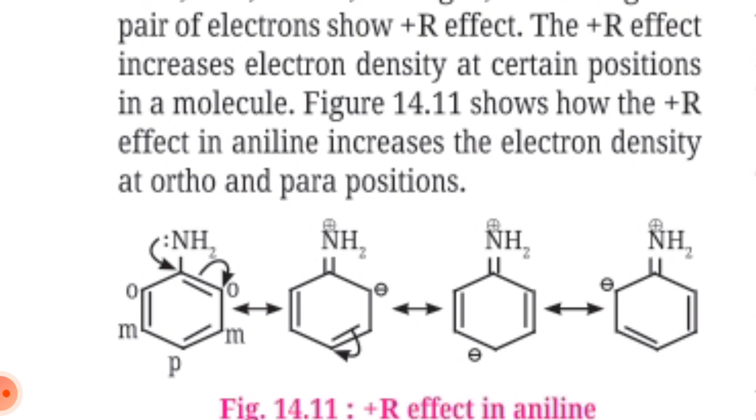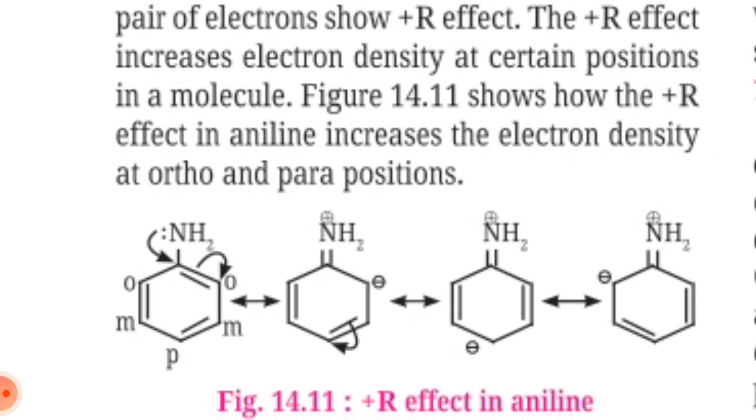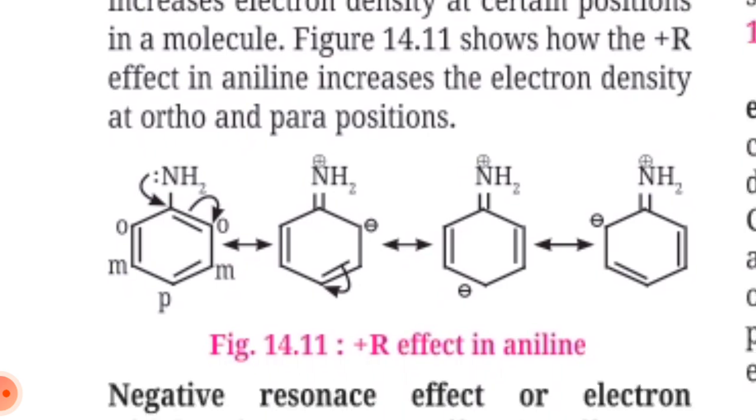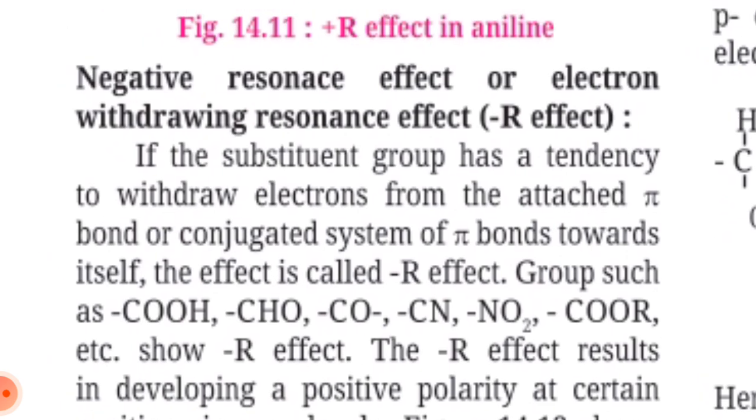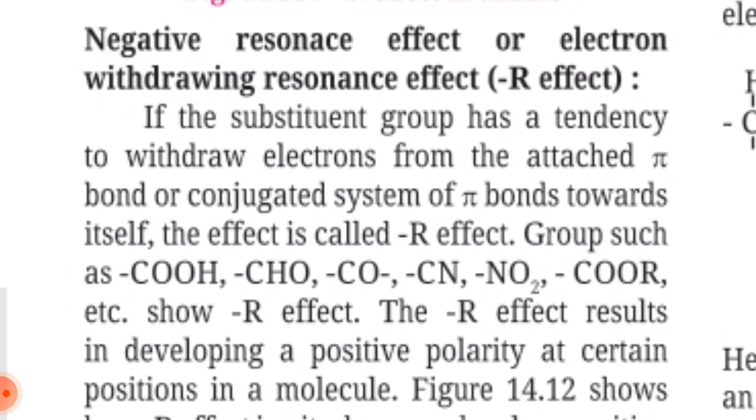The +R effect increases electron density at certain positions in a molecule. Figure 14.11 shows how the +R effect in aniline increases the electron density at ortho and para positions.